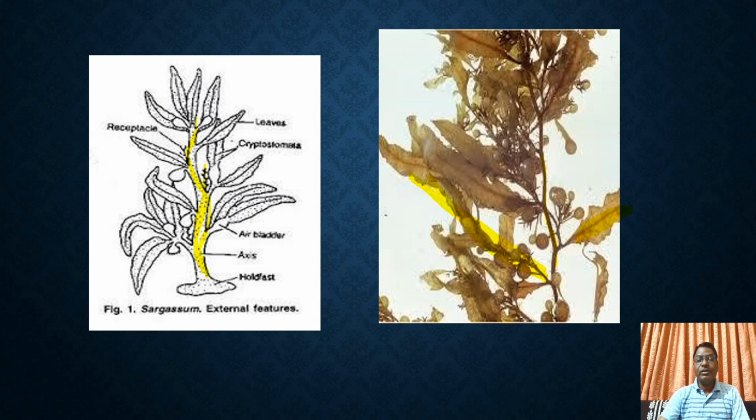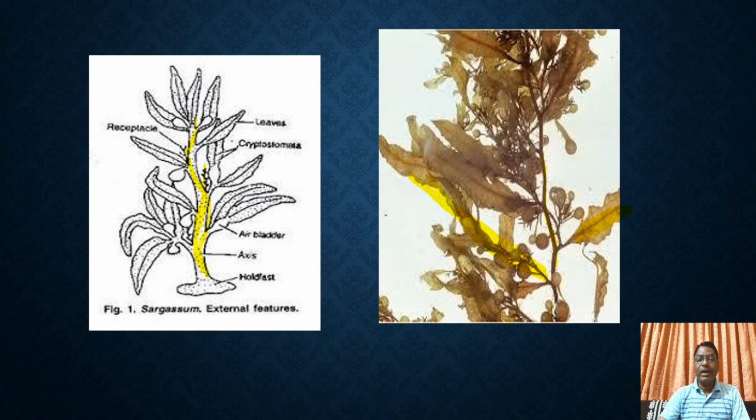Each such air bladder is a balloon-like structure having a very short stalk and a flattened or dilated portion that contains abundant air, and therefore the name given to this is air bladder.